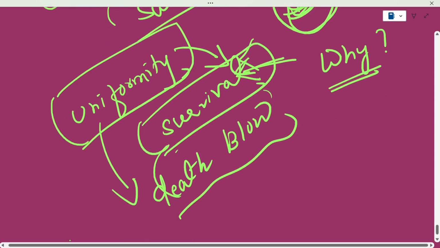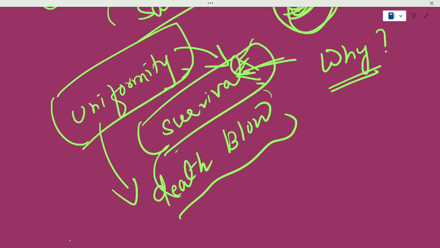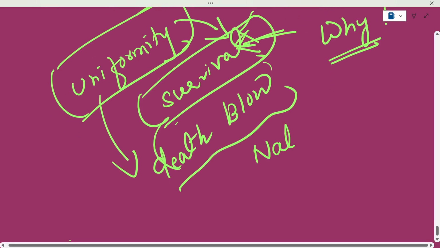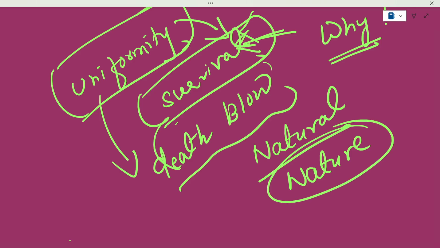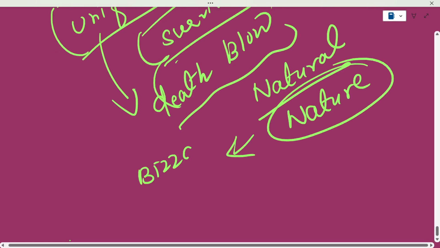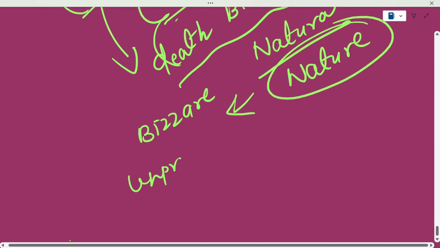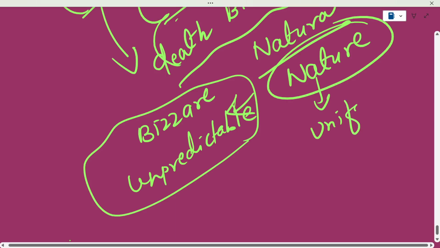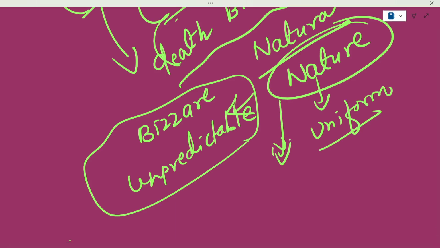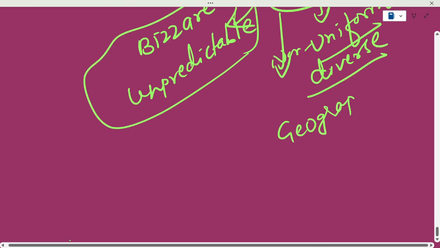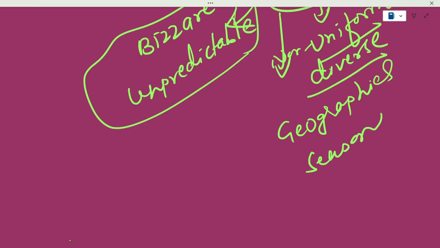The answer is, when a population has uniform genetic composition, मतलब सारे के सारे जीन जो हैं वो एक ही जैसे हैं, नोज भी एक जैसे, आईज भी एक जैसी, कोई वेरिएशन नहीं है, then the awkward factor, natural selection or nature, the bizarre and unpredictable element here, which is nature, it is not uniform, because nature जैसे आप जानते हैं, it's diverse, geographies are diverse, topographies are diverse, seasons and climates are diverse, everything is diverse.